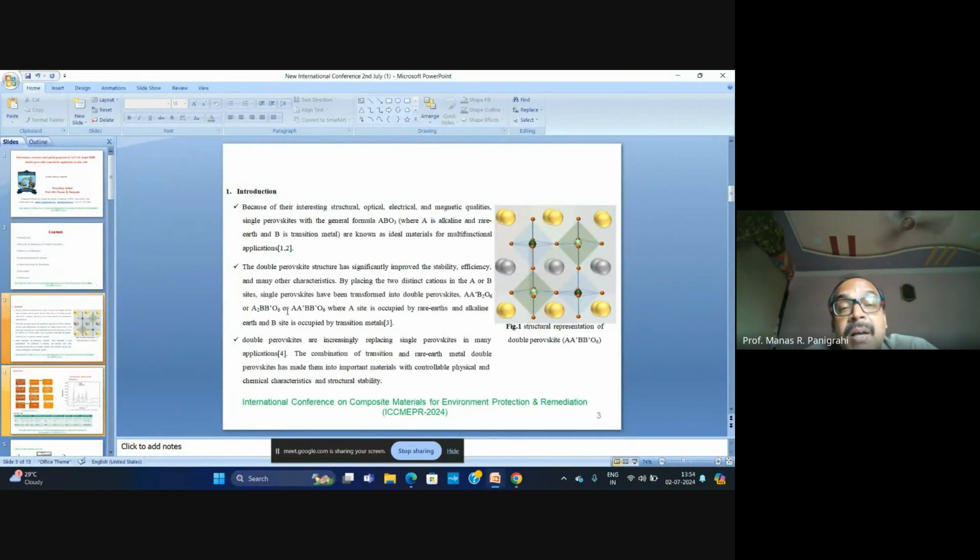It is Ra plus R0, that means the ionic radius of the cation plus R0, divided by the square root of 2 times Rb plus R prime by 2 plus R0. R0 stands for the oxygen radius. Now, this tolerance factor is actually not a single value, it is a range, and if it lies between 0.88 and 1.04, then this material is stable.